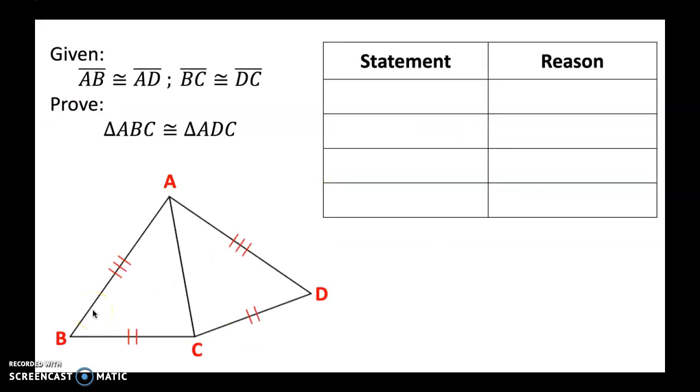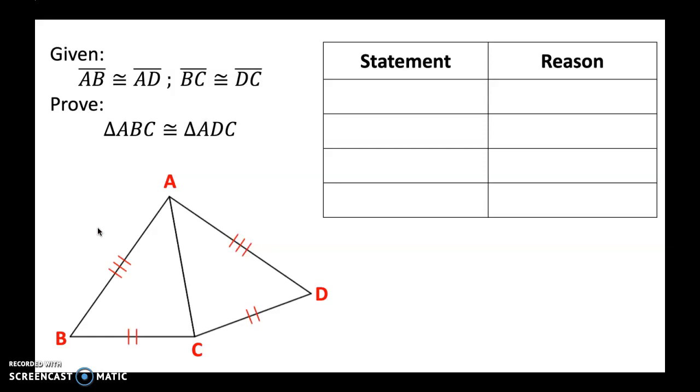Let's prove two triangles congruent. So we have given segment AB is congruent to segment AD and segment BC is congruent to segment DC. Prove that triangle ABC is congruent to triangle ADC. In our previous lesson, we said that in order to determine that two triangles are congruent, the three corresponding sides and the three corresponding angles should be congruent.